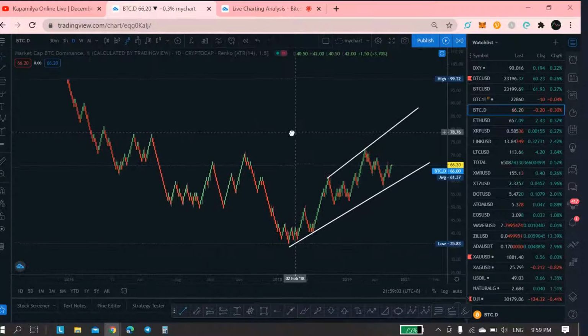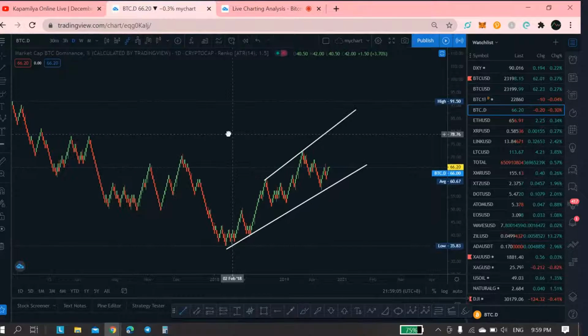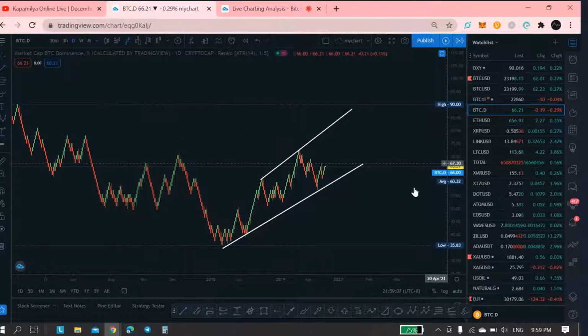As you can see, it's also on an uptrend channel, so it could possibly retest the previous high of around the 68 area, and then possibly the 72 area.